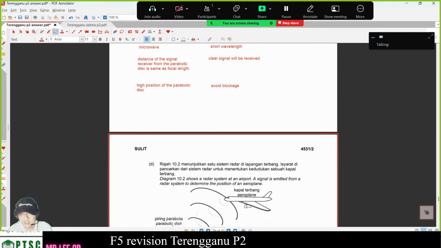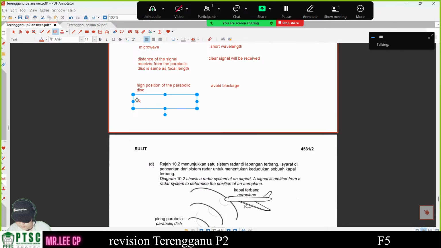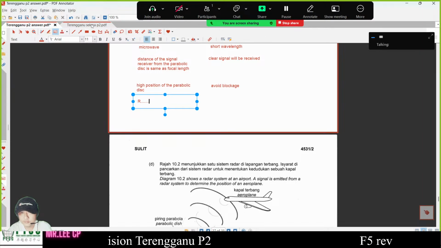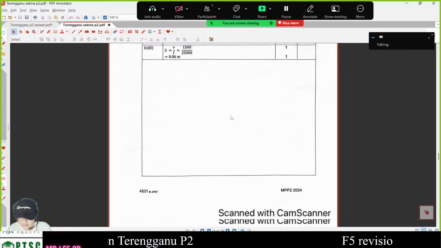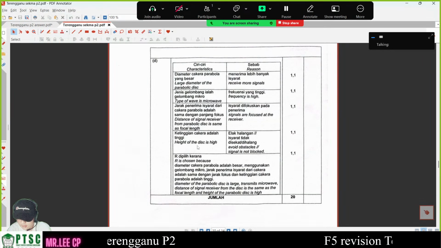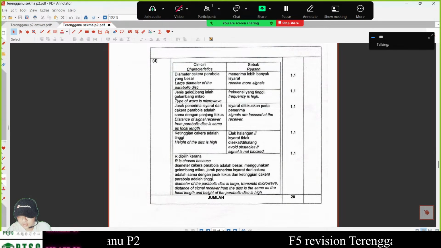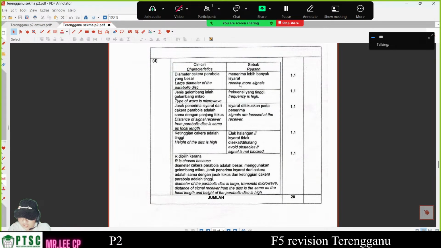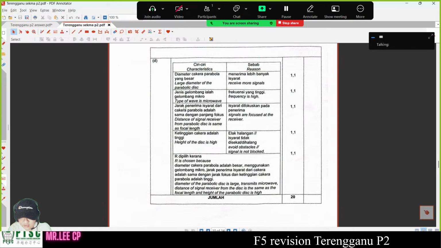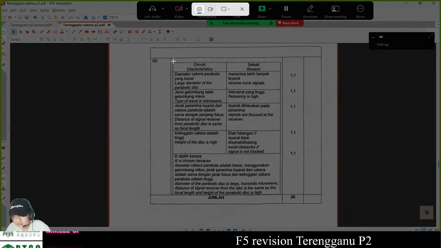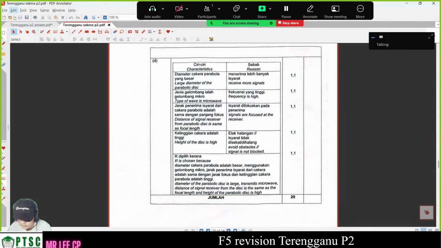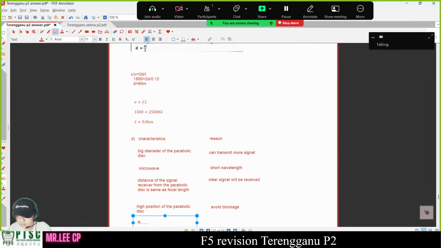So the best answer will be R and then repeat. We check the answer. Yeah, R and then repeat. So large diameter receives more signal. I screenshot this one.